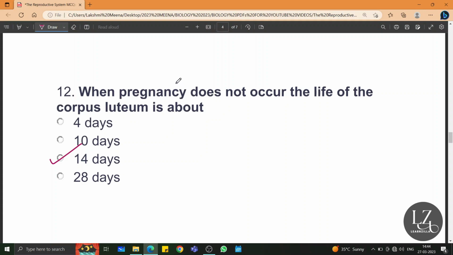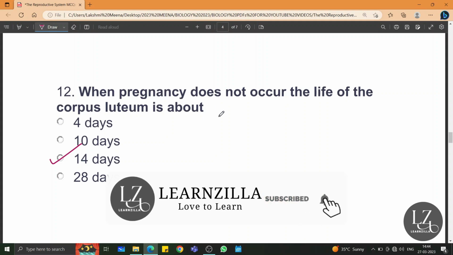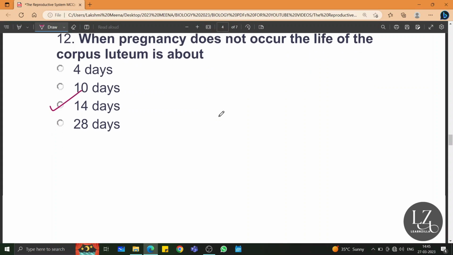So if the egg is fertilized and then gets implanted in the uterine wall, that is called as pregnancy. If this happens, there are two fates for the egg, right? One is if it gets fertilized, otherwise if it doesn't get fertilized, what happens? So if pregnancy does not occur, the corpus luteum will start degenerating, that is after 14 days.